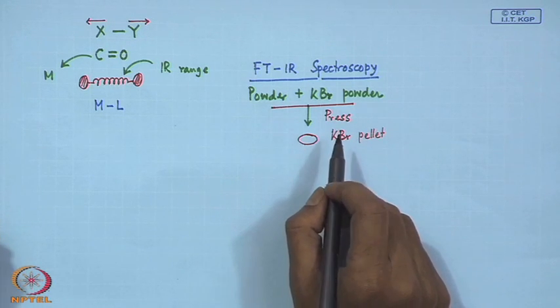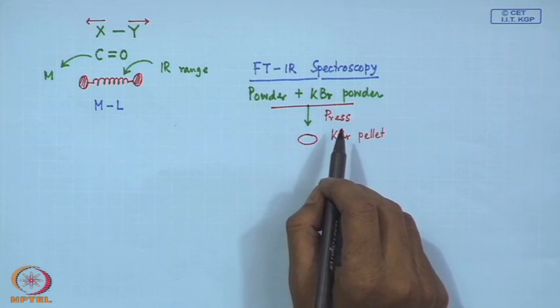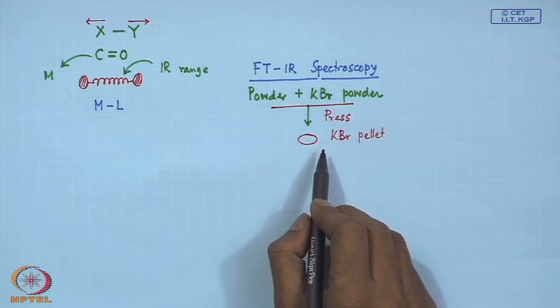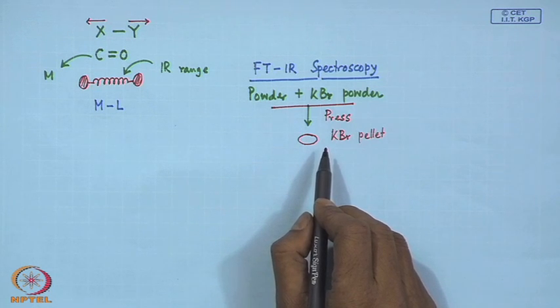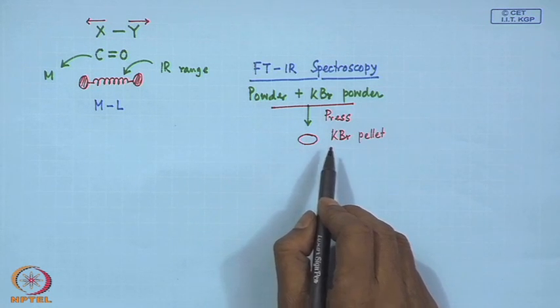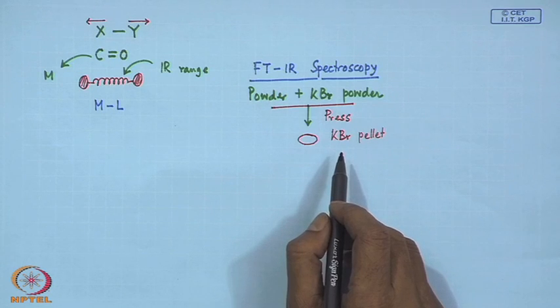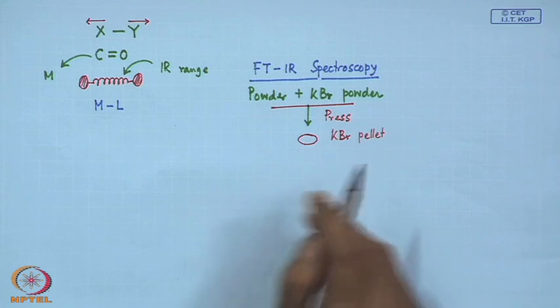If our sample is not robust or strong enough to support these processes for recording the FTIR spectrum, it is not suited for measuring the spin transition and the spin crossover phenomenon.